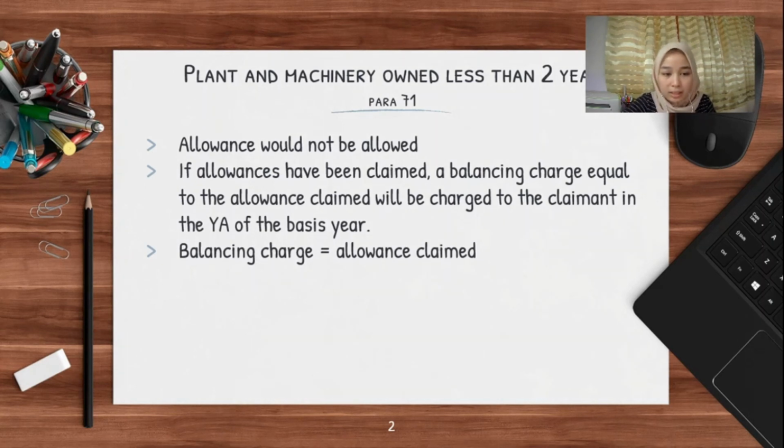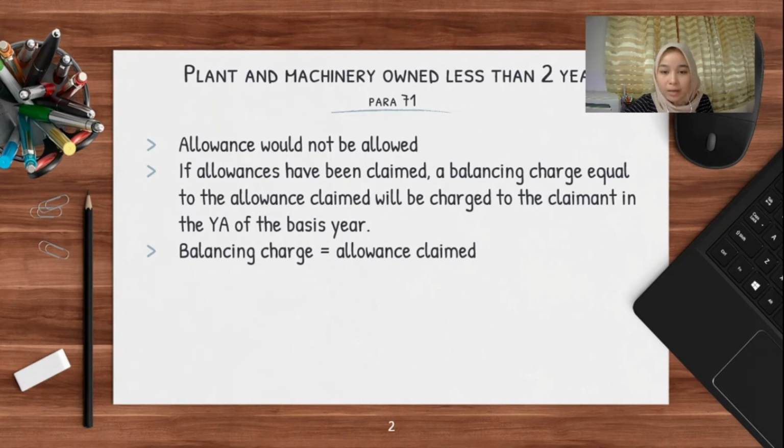Where a person has incurred qualifying expenditure in relation to an asset which is owned by the person for a period of less than 2 years, except by reason of the death of the person or any reason as the Director General thinks appropriate, any allowance which, but for paragraph 71, would fall to be made for him in relation to the asset shall not be made, and where any such allowance has been made, a balancing charge in an amount equal to such allowance shall be made to him for the year of assessment in the basis period for which the asset has been disposed of by him.